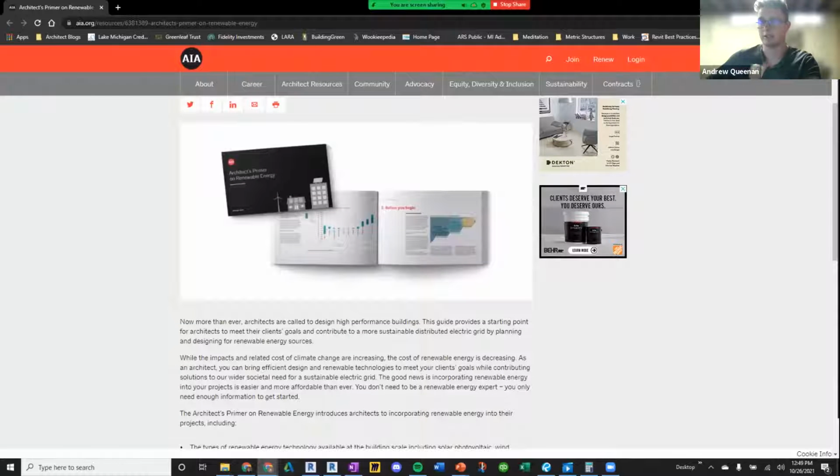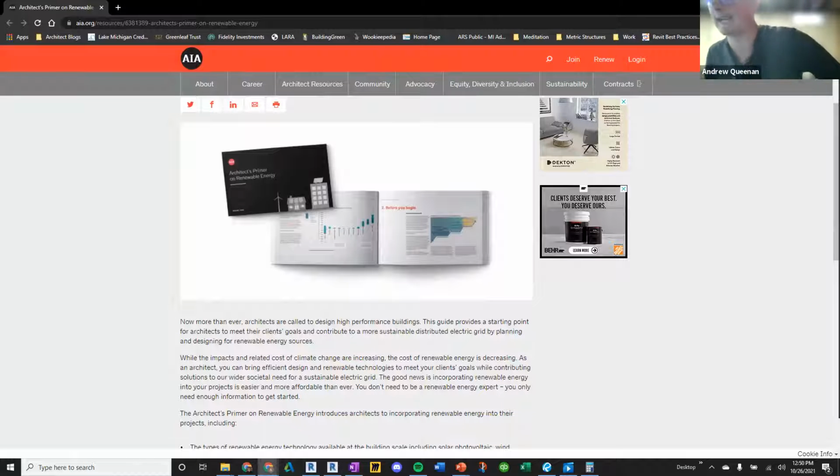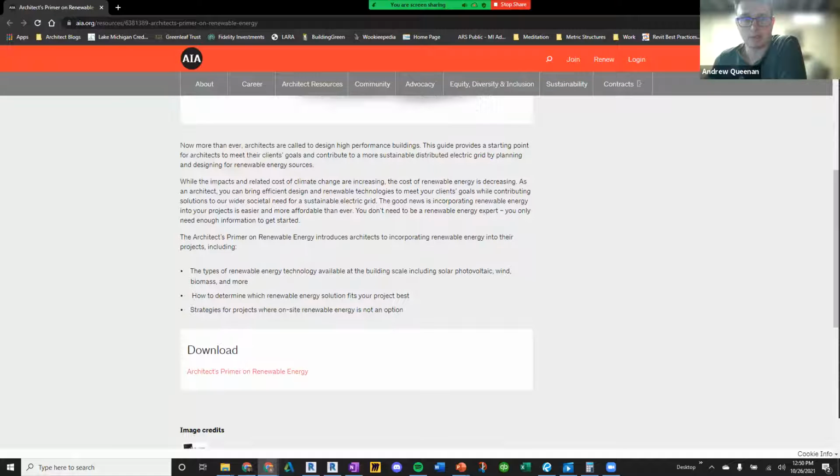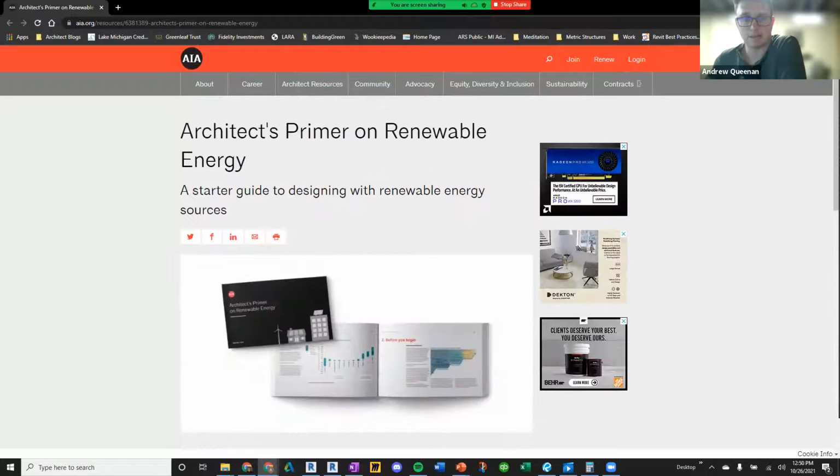It reiterates looking at passive decisions first, then scaling to some of the active decisions, all in the effort of minimizing active system loads. That's a great resource available from the AIA, and something I think will inform this committee as it starts to look at 2022 programming.